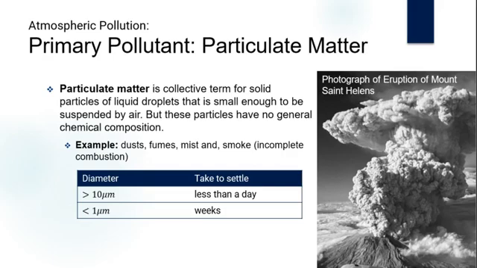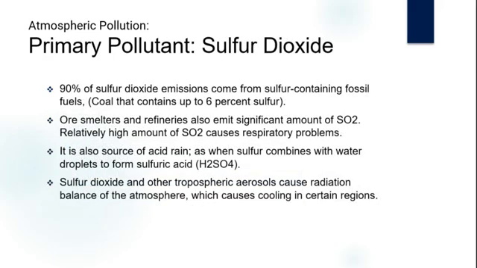Now, next primary pollutant is sulfur dioxide. Sulfur dioxide emissions come from sulfur-containing fossil fuels such as coal, which contains up to 6% sulfur. Ore smelters and refineries also emit significant amounts of SO2, and relatively high amounts of sulfur dioxide can cause respiratory problems. Sulfur dioxide is also a source of acid rain, as when sulfur combines with water droplets, it forms sulfuric acid.